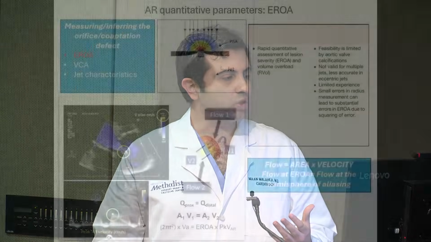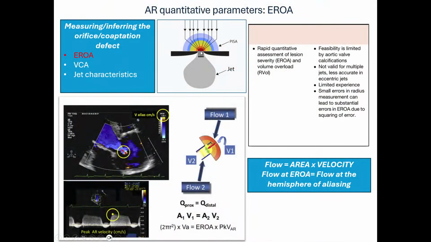And this is mediated by what we call the pulse repetition frequency, like Saliha was saying. So at a limit, you can actually have aliasing where the measurement appears in the opposite direction. So the equivalent of that on echo Doppler is you can have a change from red to blue or from blue to red.